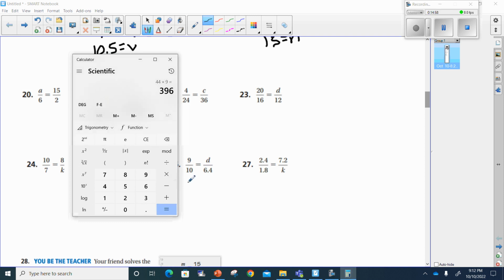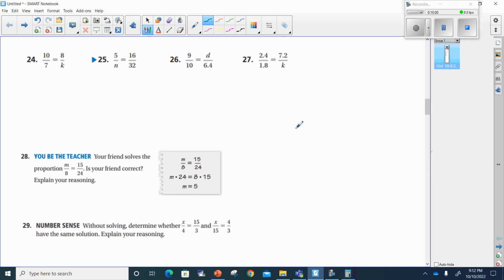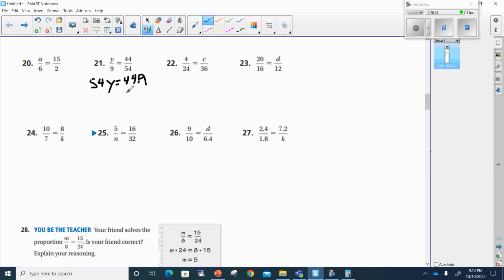That equals 396. I have to divide 54y by 54.